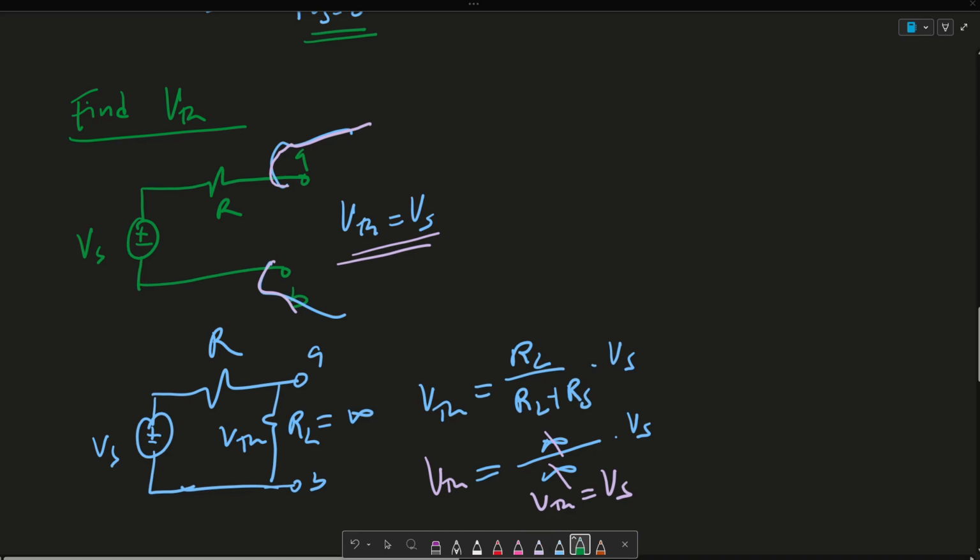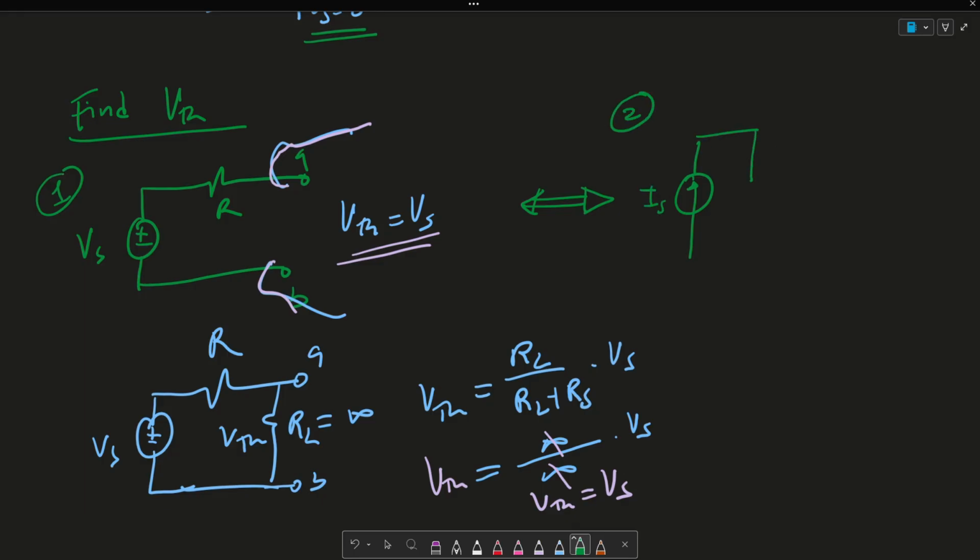Okay, so now we say that the goal of this source transformation is to have this circuit here be equivalent to this circuit here. So we need to find V Thevenin, VTH.